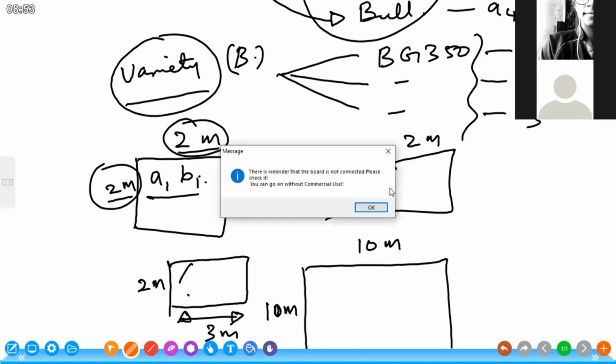In 2 into 2 meter, the gap between 2 plants, 5 centimeters.